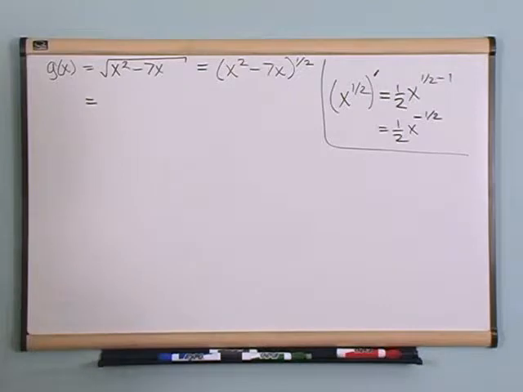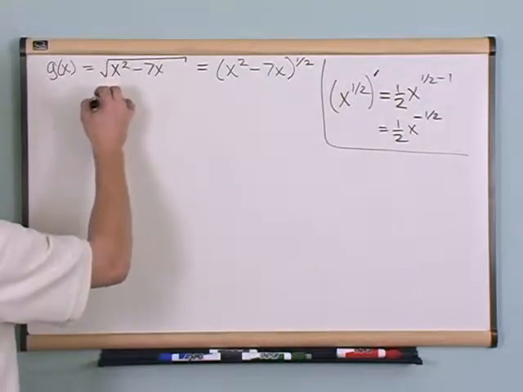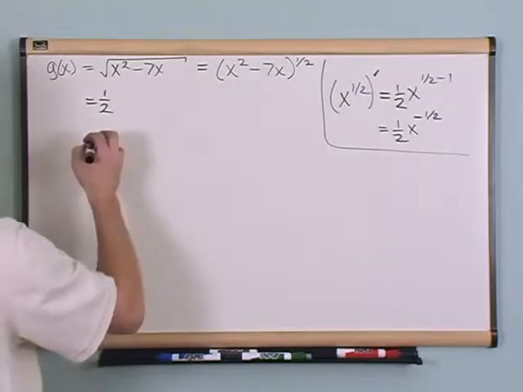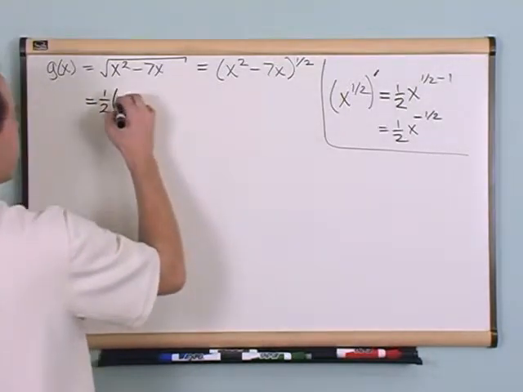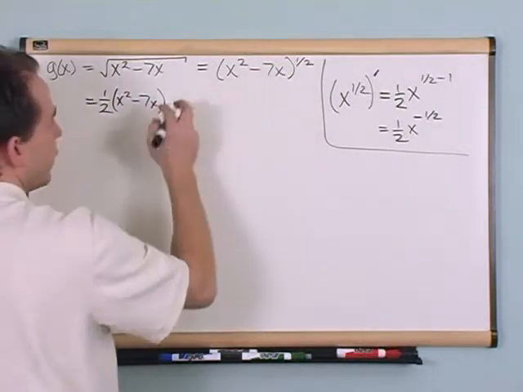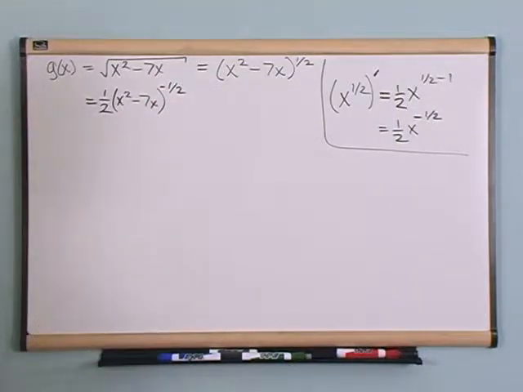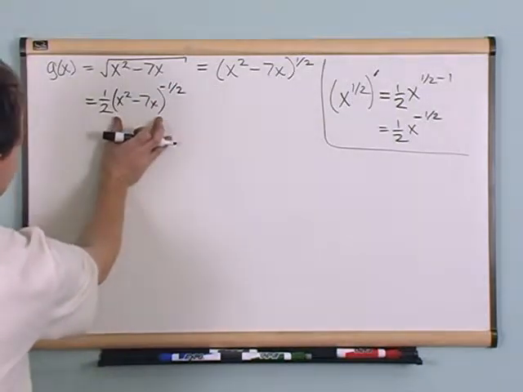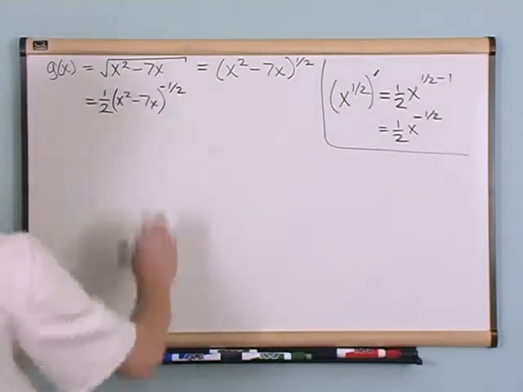Okay, but it's not. You've got something more complicated inside. So it's very simple. You put your 1/2 down just like you did before, and then you put exactly what's on the inside, x squared minus 7x, and in the exponent you put negative 1/2. You do exactly what you would do if this were simply x, okay? 1/2 times the term here to the minus 1/2.